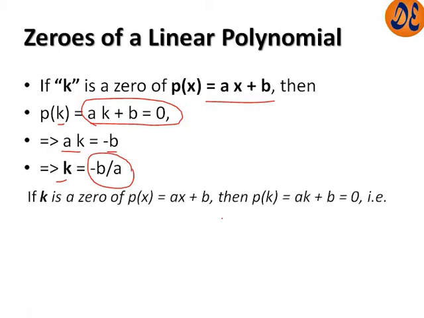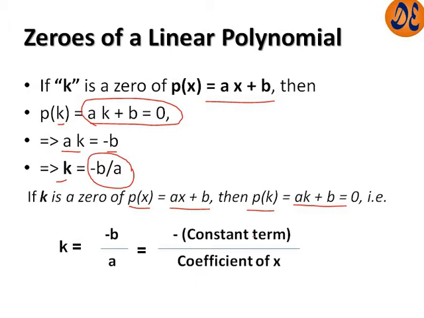In other terms we can say if k is a zero of polynomial p(x), that is ax plus b, then p(k) is equal to ak plus b is equal to 0. That means k is equal to minus b by a. That means the zero is minus b by a.